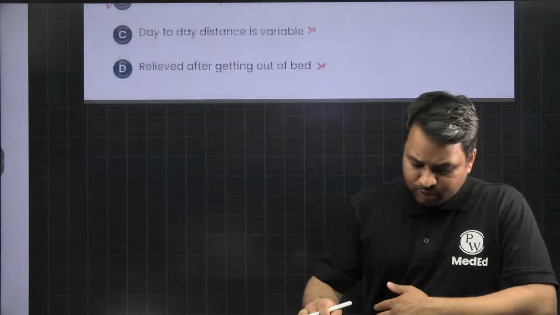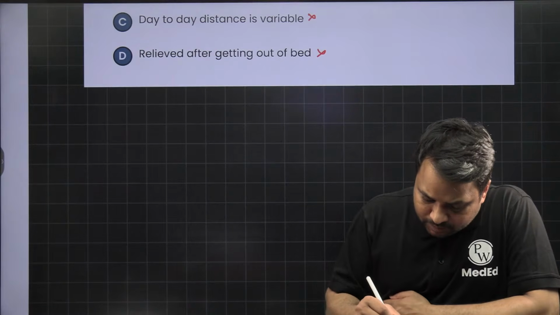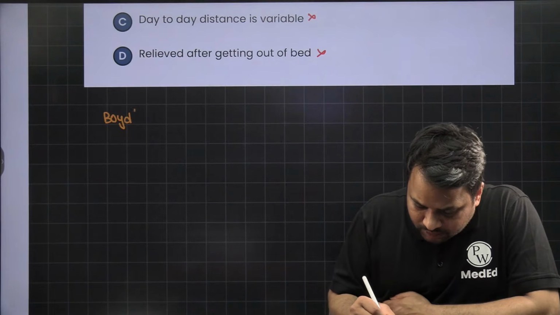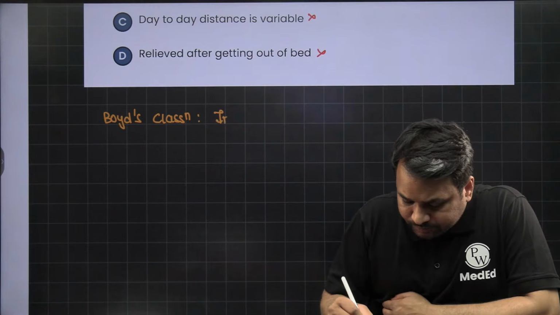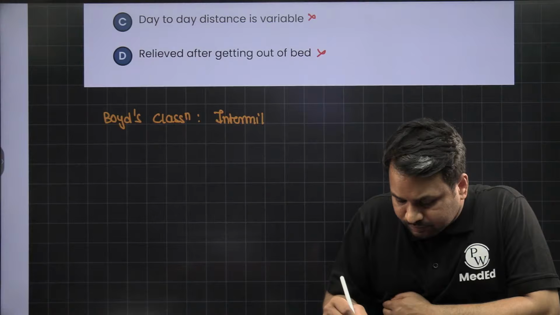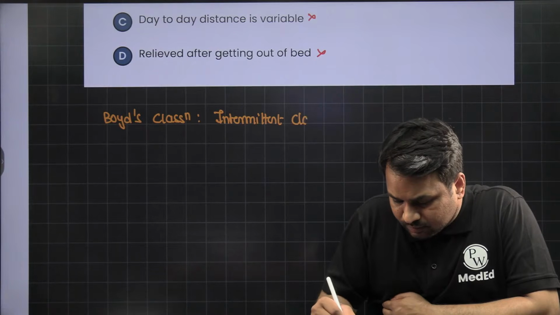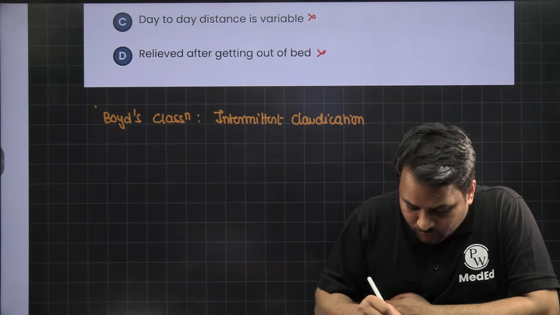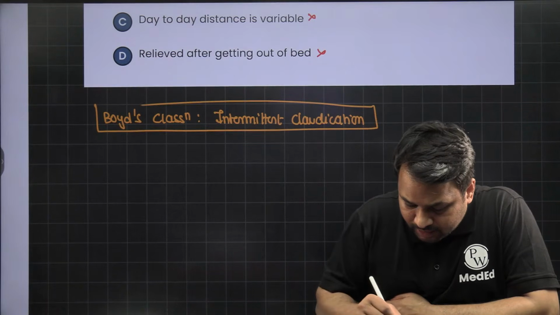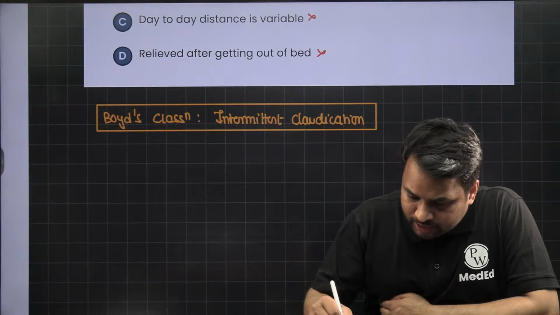Okay. Just to give you perspective here, there is Boyd's classification for intermittent claudication. Now, what is this?